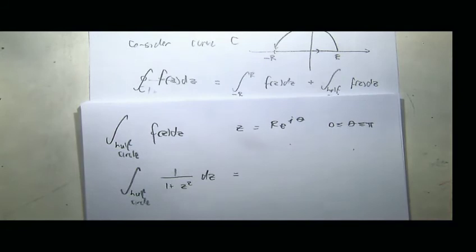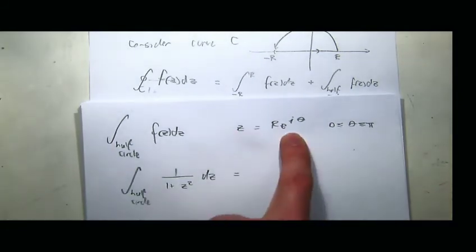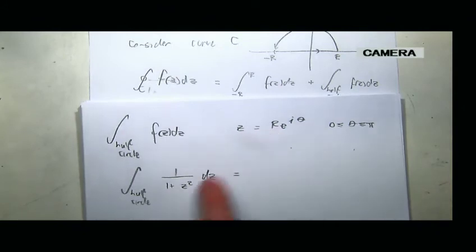And dz will be related to d theta according to this, so this is telling us to do a substitution. I ignore the cos because it's writable as e to the I something, plus or minus e to the I something.